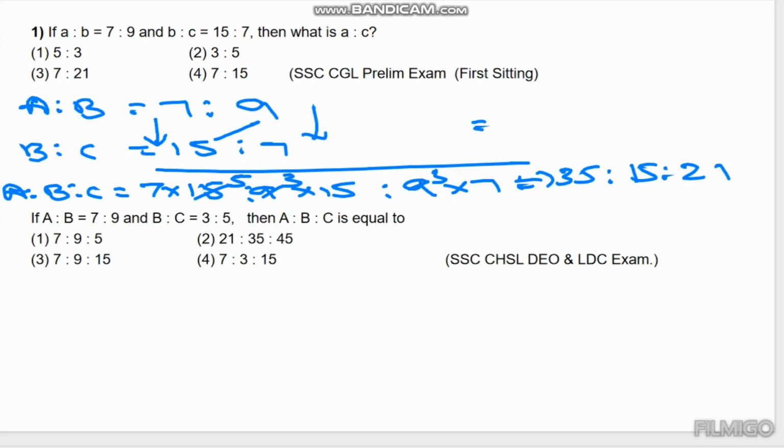But in the question they ask about A is to C, means 35 is to 21, which can be further simplified as 5 is to 3. So option 1 is correct.